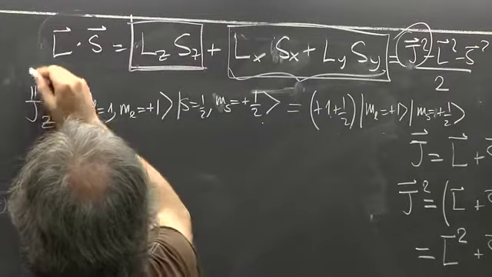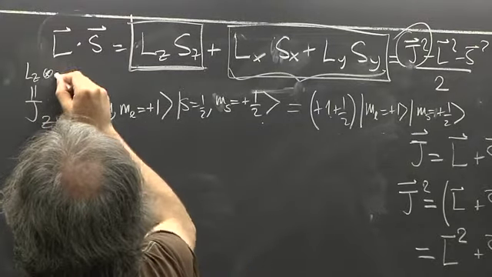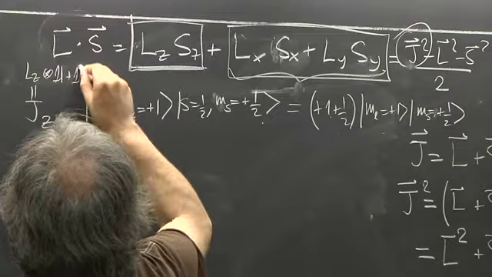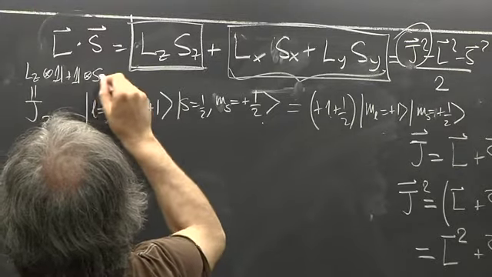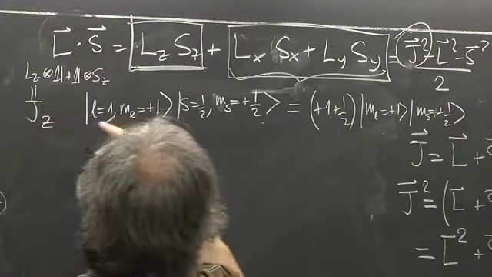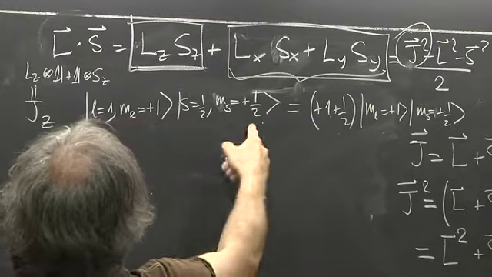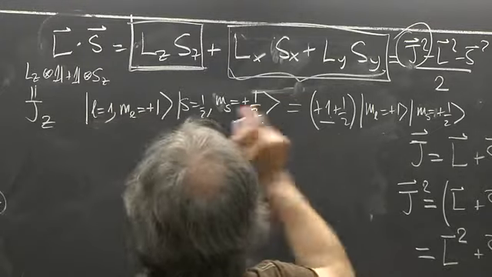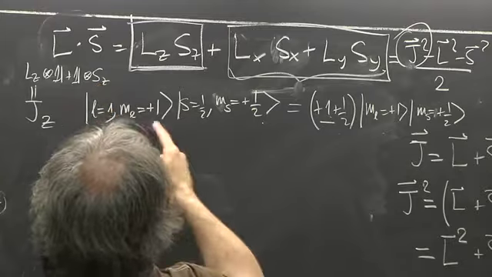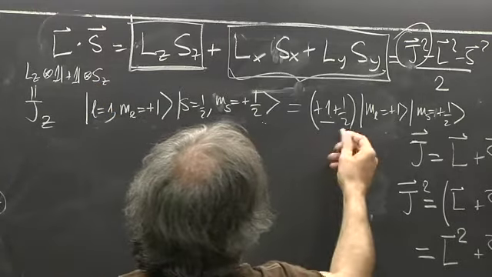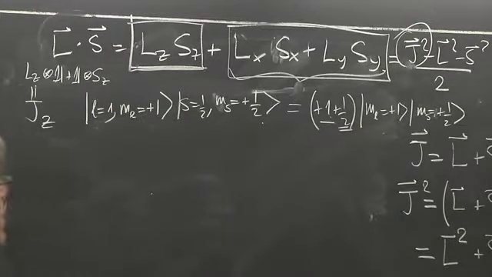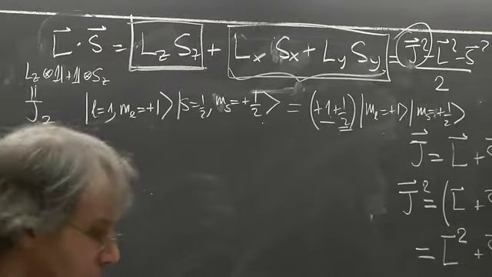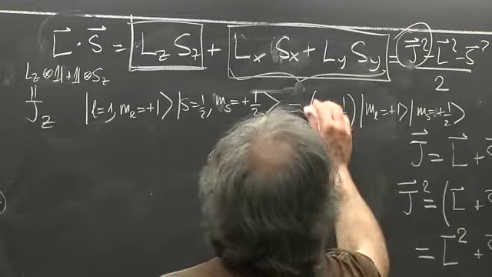This is just LZ times the identity in the other plus the identity in the first times the spin. So LZ reads this part only, doesn't care about this, and gives me the plus 1. SZ doesn't care about this, acts on this, and gives me the plus 1/2. All right? So this is just plus 3/2.